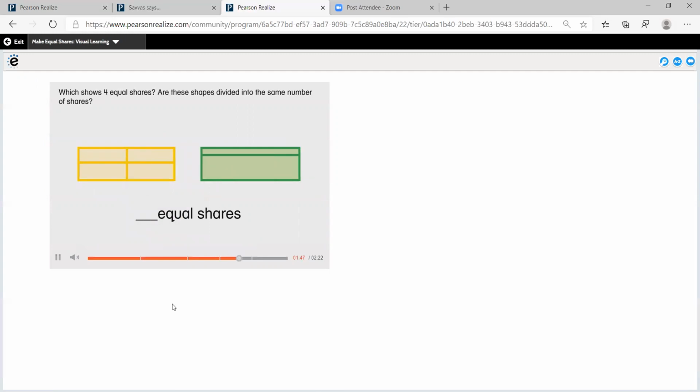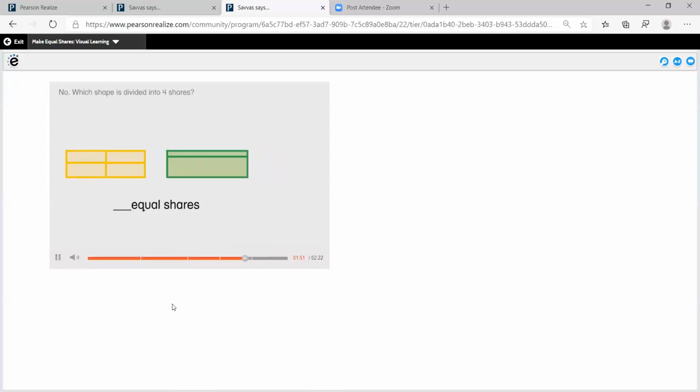Are these shapes divided into the same number of shares? No. Which shape is divided into 4 shares? Select your answer. The yellow shape or the green shape? Think your answer. Say your answer.